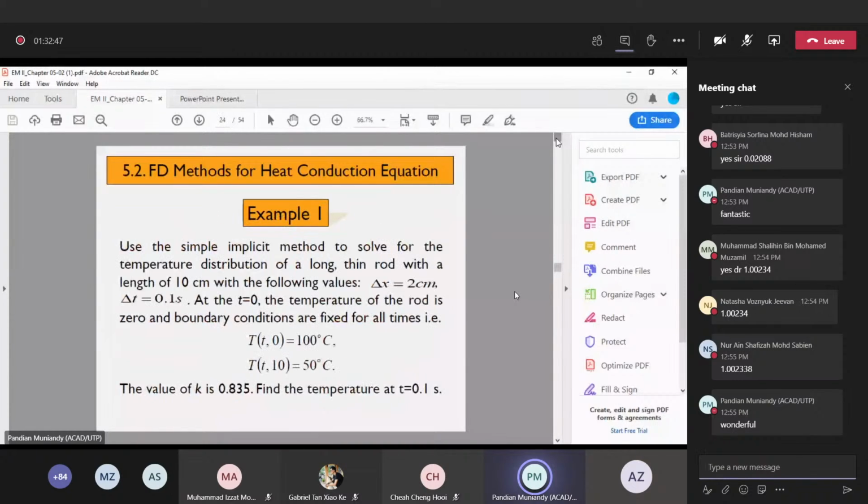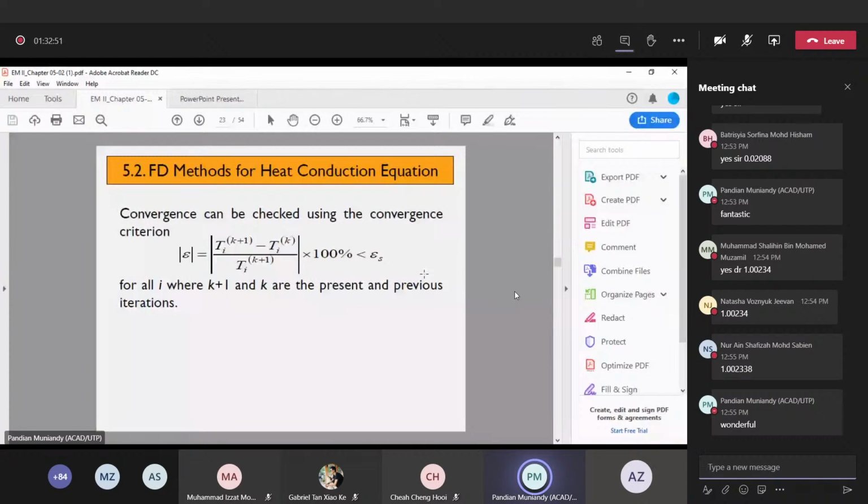Slide number 23. This one, epsilon. Epsilon s is not given, so we don't know epsilon s. We can calculate the epsilon. The modulus of epsilon is Ti superscript k plus 1. What is the meaning? I is the temperature. You can start with I1.